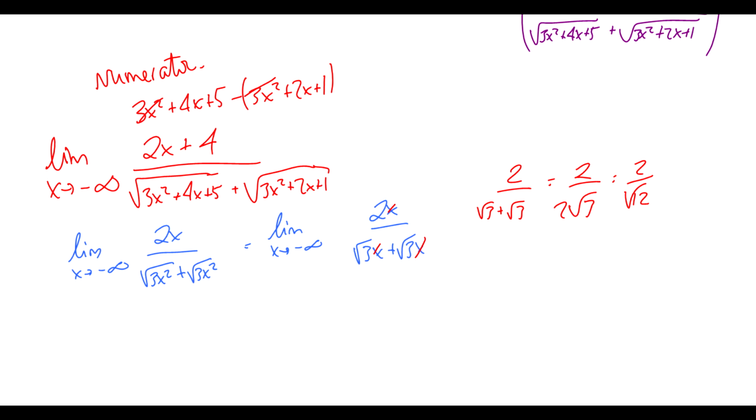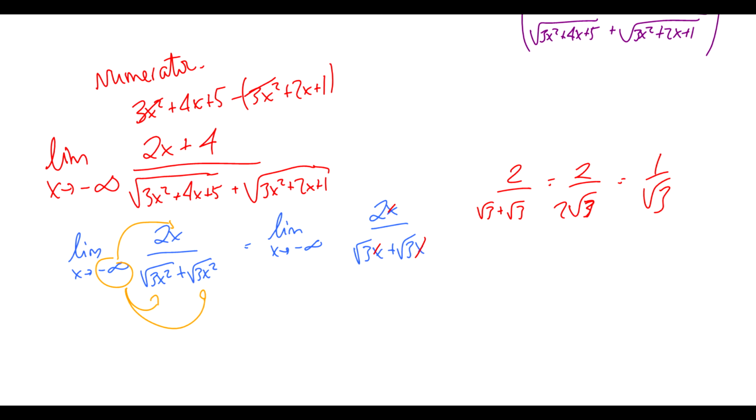Well, we won't even do that part. Instead, we would simply simplify the top and bottom. So we have 1 over root 3. What we do here now is plug in negative infinity to these to check what sign we would get.